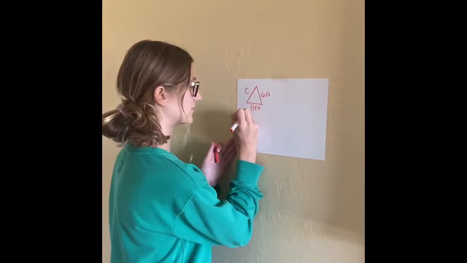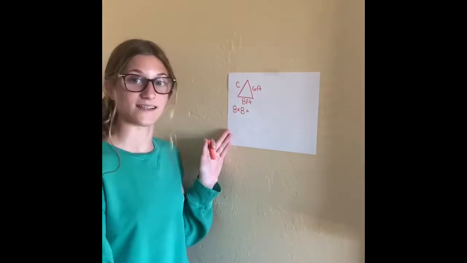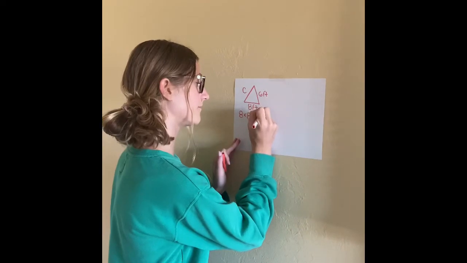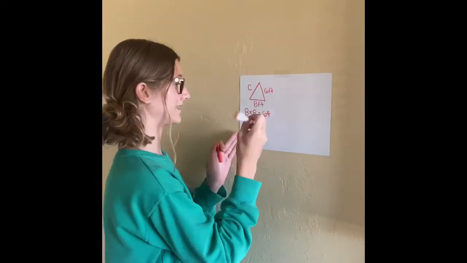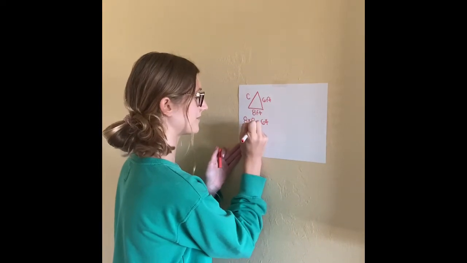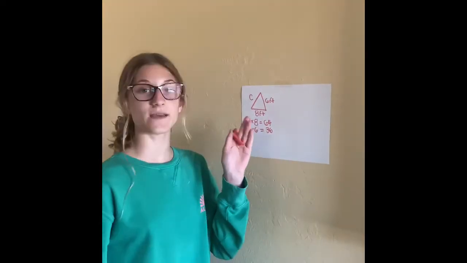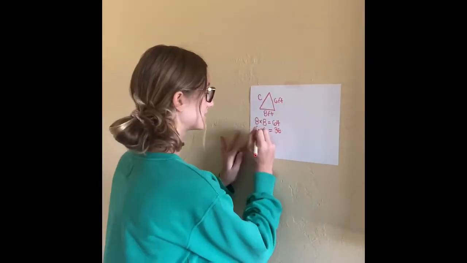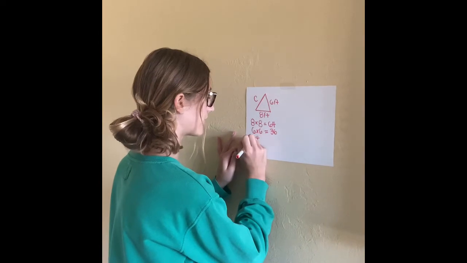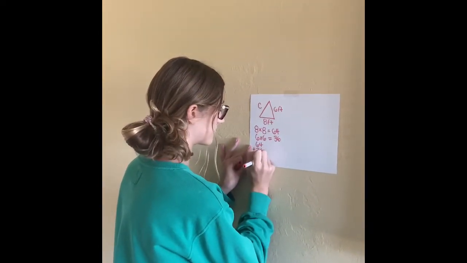So we're going to multiply 8 by 8, and 8 times 8 is 64. Next, we're going to multiply the smaller number, 6, so 6 times 6 equals 36. Because this is a C equation, you are going to add these two numbers. So we get 64 plus 36, and that is 100.